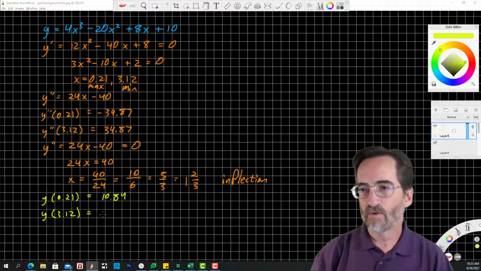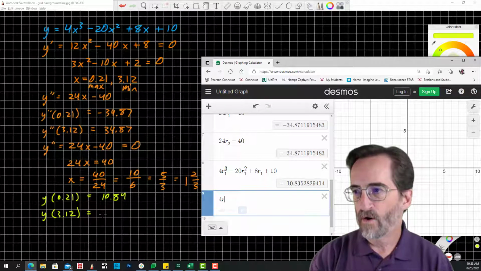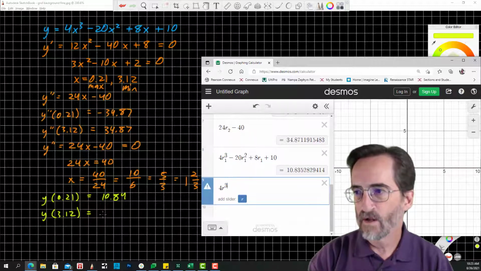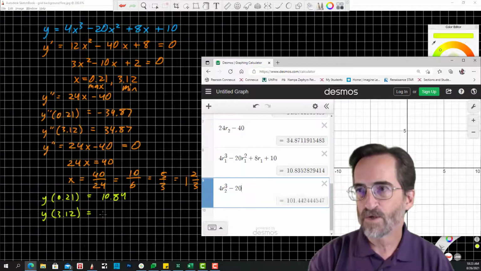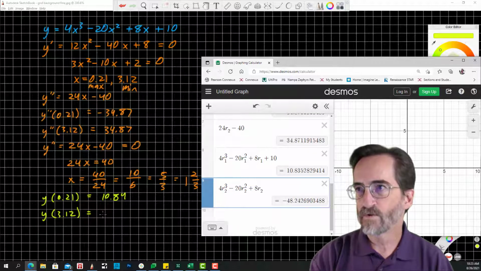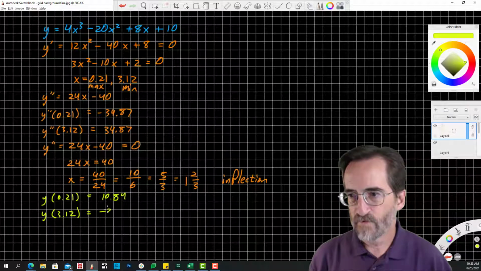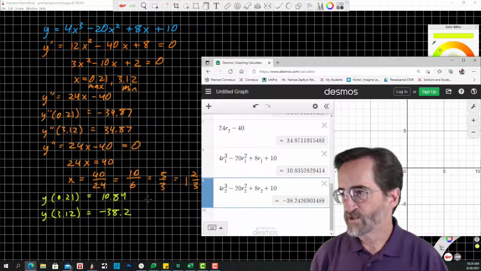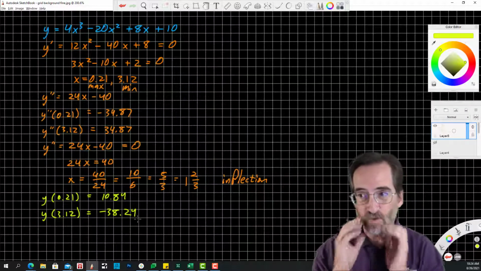And y of 3.12: 4 r2 cubed minus 20 r2 squared plus 8 r2 plus 10. So negative 38.24. All right, so now I've got enough information, I think, to graph this.